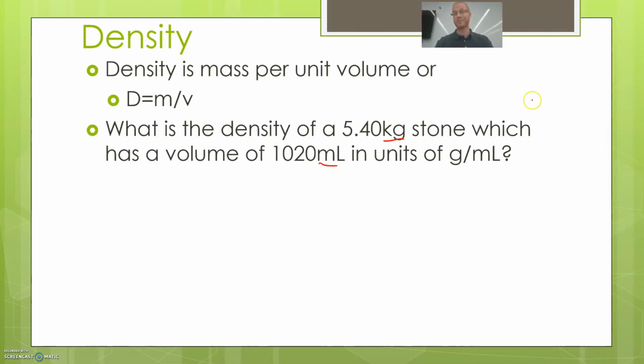Okay, so I'm going to set up my conversion factor. 5.40 kilograms, grams. Because this is a metric conversion, kilo is going to go up here, 1,000, gram is going to go down there. I have 1,000 times 5.40. Now, careful, because here we could just write 5,400, but what's wrong with that?